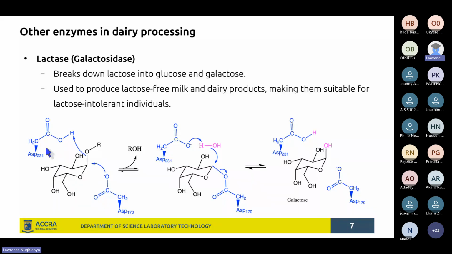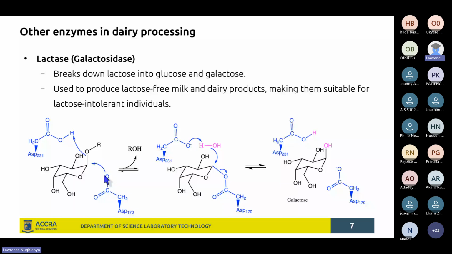You can see the particular amino acids that act in the active site of the enzyme. You have 2 aspartic acid residues at the active center. One is at the 170th position, so you see ASP 170, and the other aspartic acid is at the 231st position, so you have ASP 231.